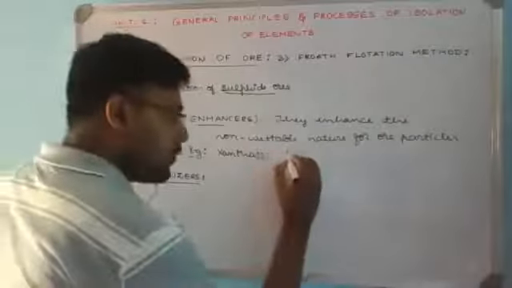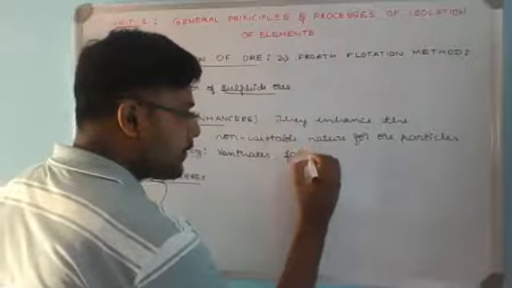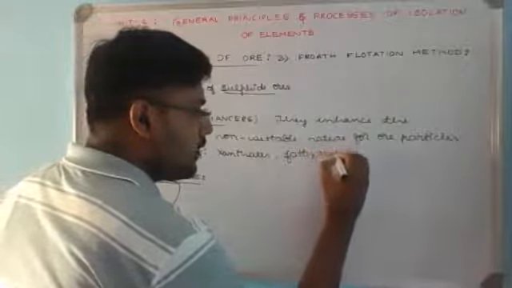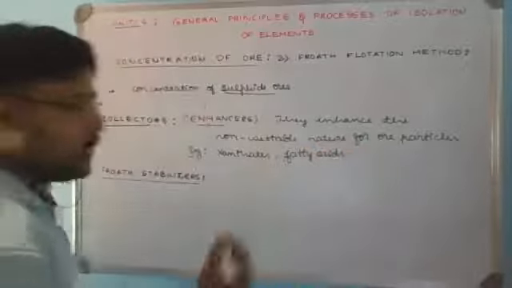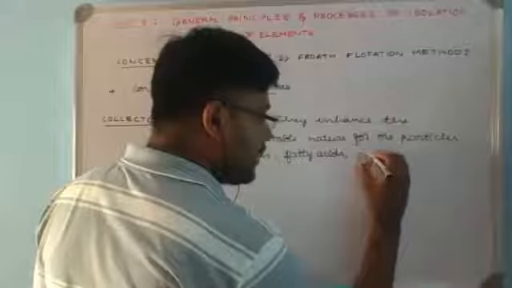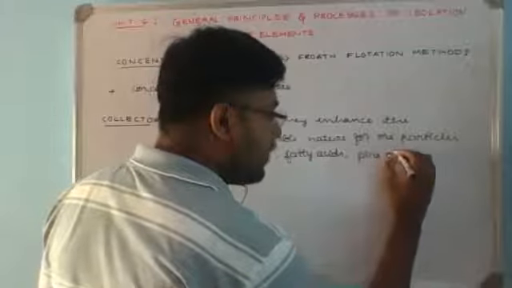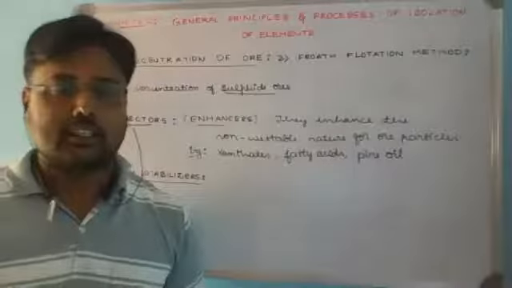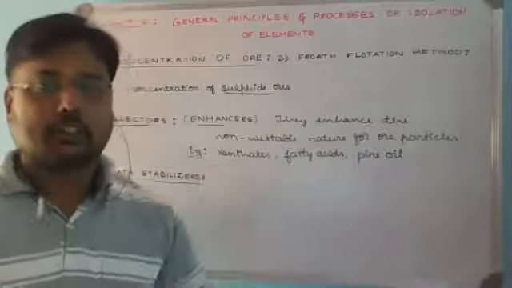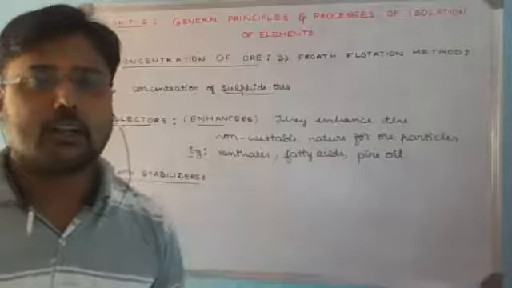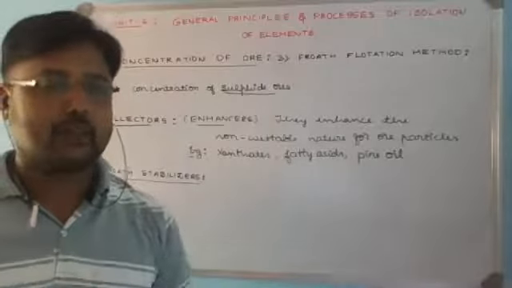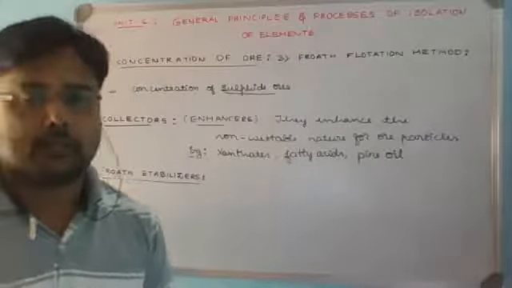You can remember fatty acids. One more, you can remember an important oil used as a collector: pine oil. Any one you can remember clearly. I have mentioned all the examples. If you can remember them, it will be good. At least try to practice remembering one.